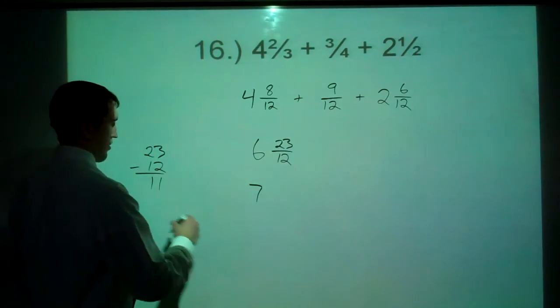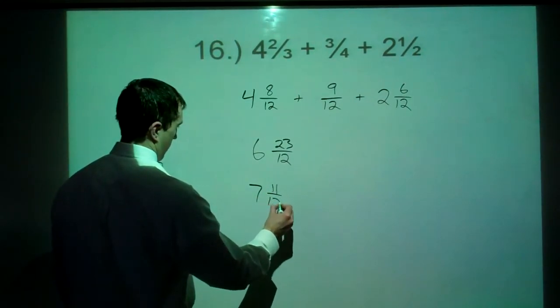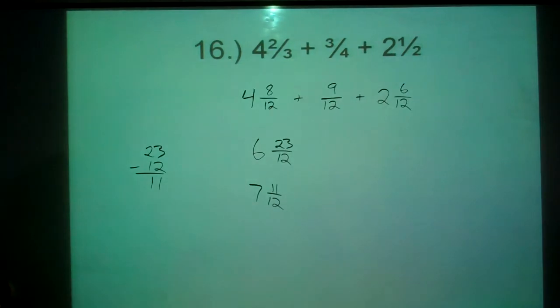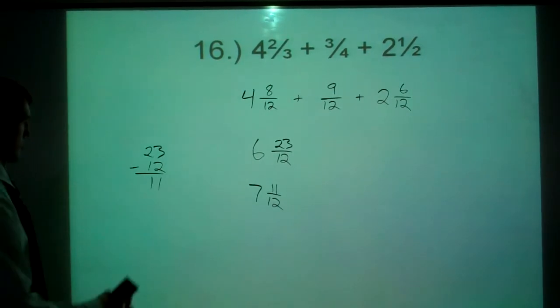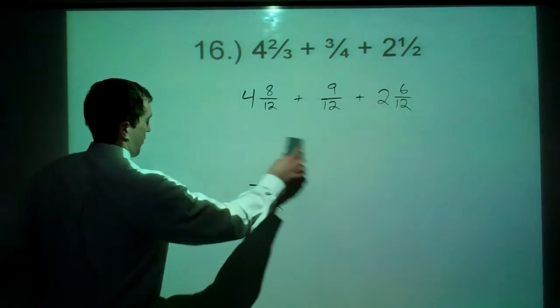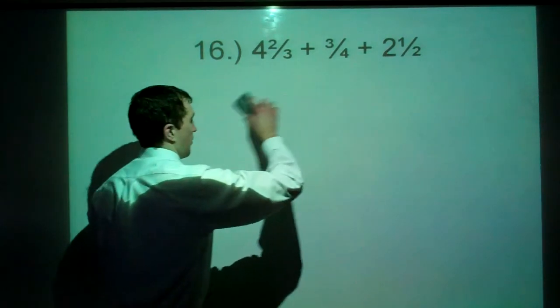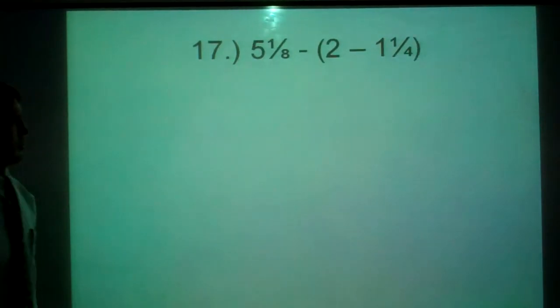We're going to have 11 left over. 7 and 11/12. Alright. That should be our final answer for that one. So common denominators whenever we add or subtract. And we'll see that we're going to do a subtraction one next.